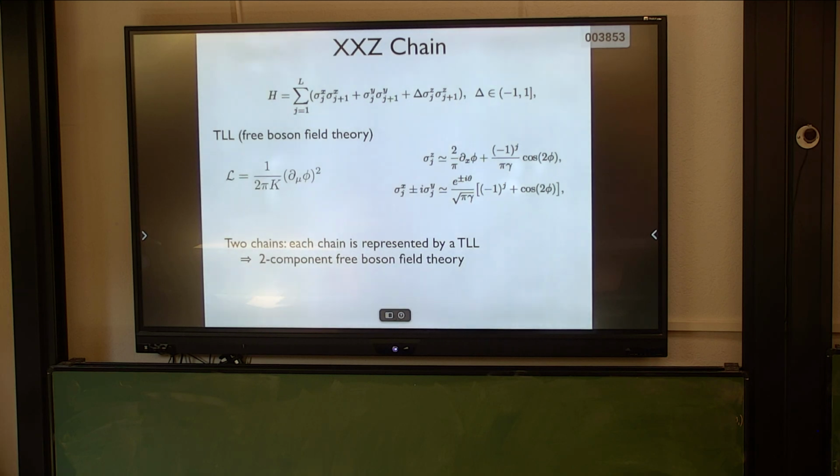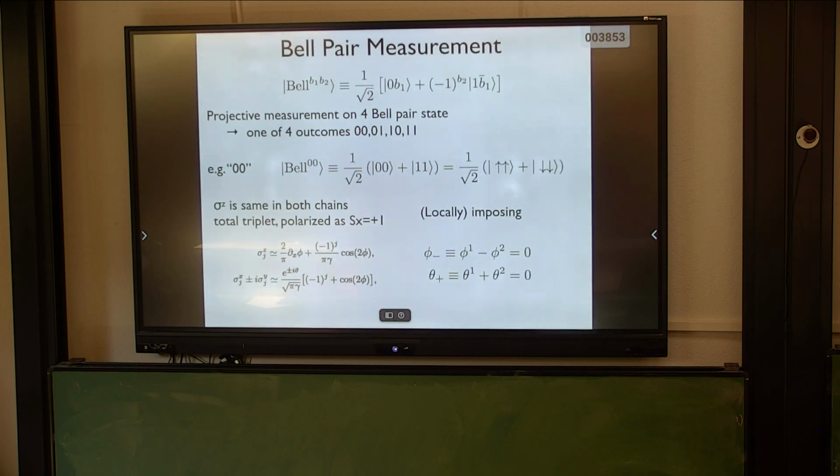Okay. Anyway, so now I want to introduce this Bell pair measurement between two spins, one spin from chain 1 and the other spin from chain 2. The Bell pair states are maximally entangled states.